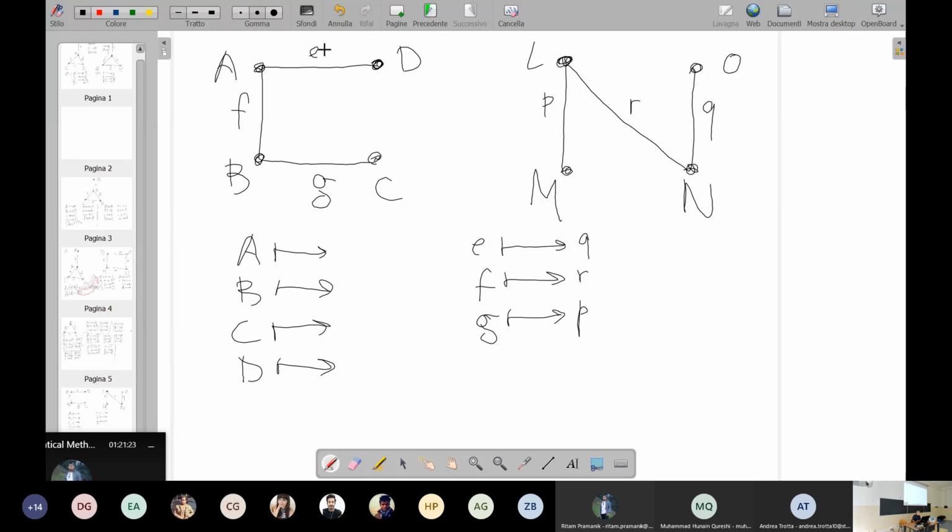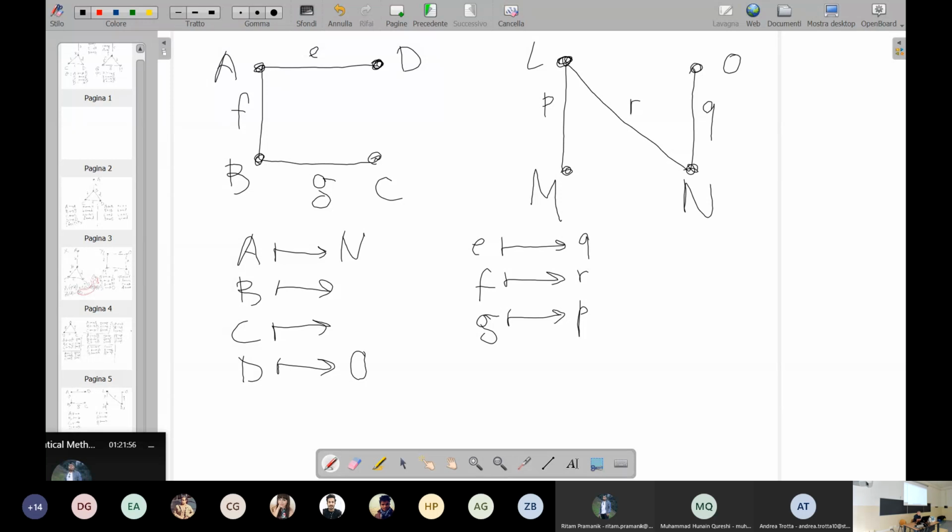So necessarily, if I take the 2 ends of the corresponding edge Q, D must go to O, sure. And then the other end, which is A, must go to N, and then B to L.